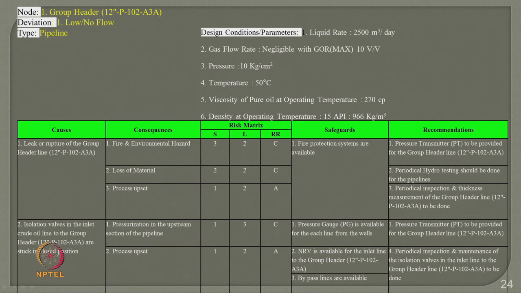Now let us look at this particular risk matrix. The severity, if this kind of occurrence happens, is on the scale of 3, whereas the likelihood is on the scale of 2. Dear friends, these numbers on a scale of 4 purely depend on your experience in this kind of process plants. Now based on this, refer to the risk matrix.